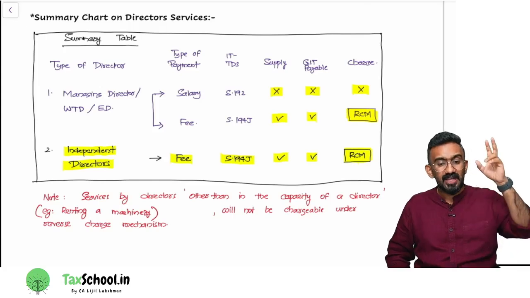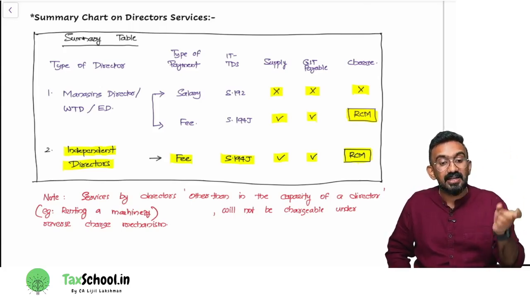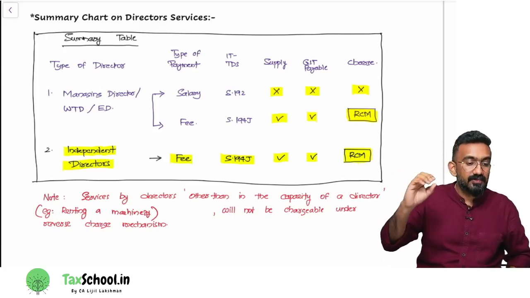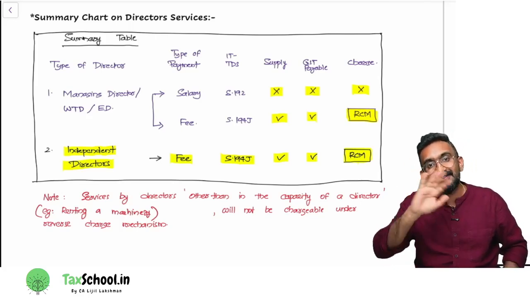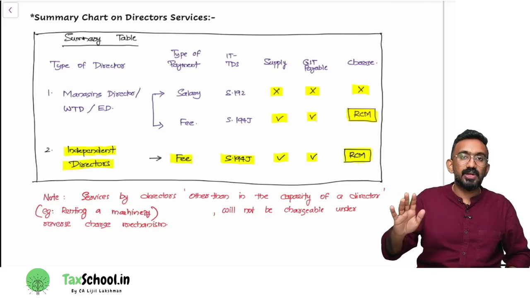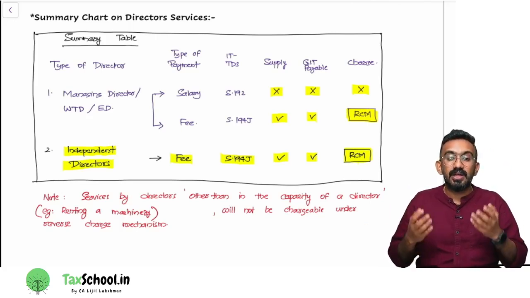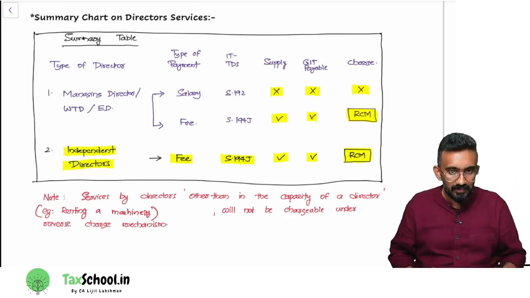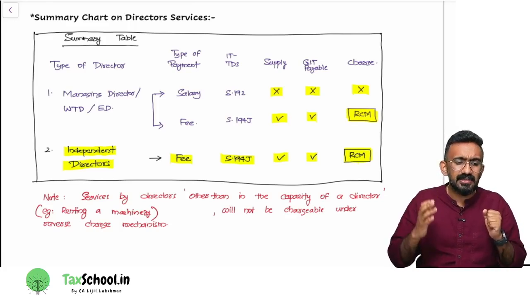However, if they are receiving a fee, it would be subject to GST and it will be taxed under RCM by the company. So, how do you identify whether the amount paid to a managing director is salary or a fee? The clarificatory circular says that the easiest method is to look at the TDS done by the company. If the company is giving 1 crore rupees to the director, I have to look at under which section of income tax the TDS was deducted.